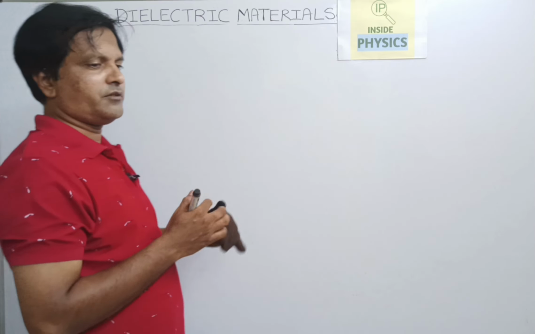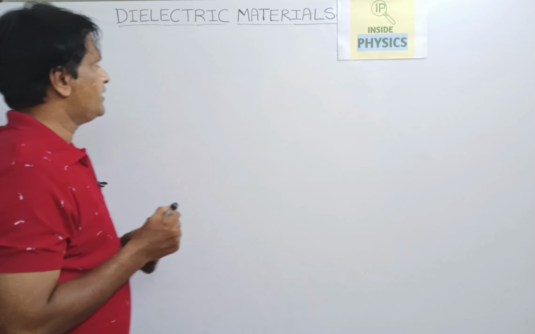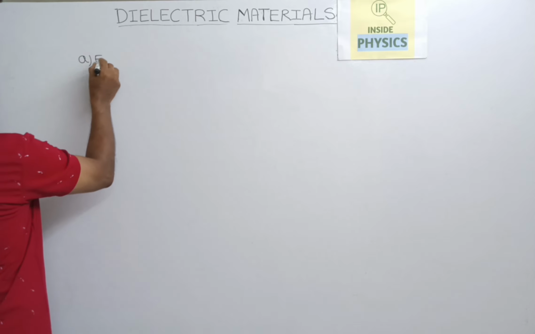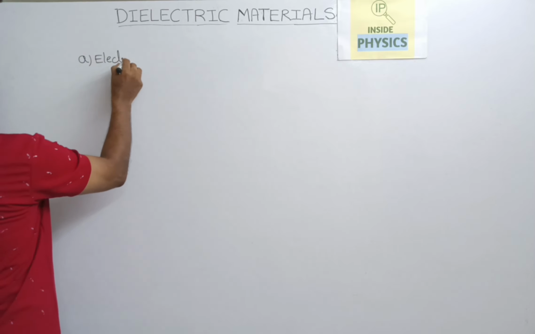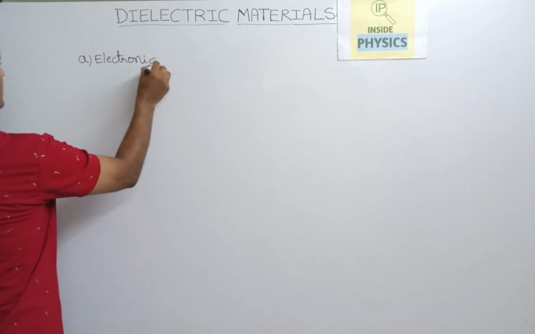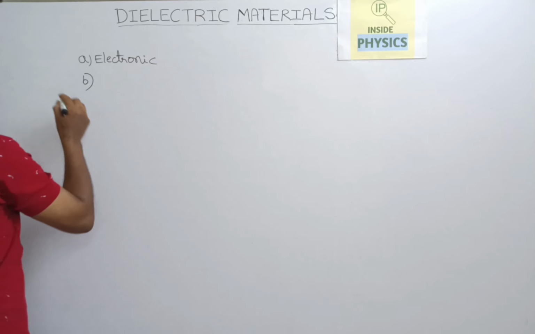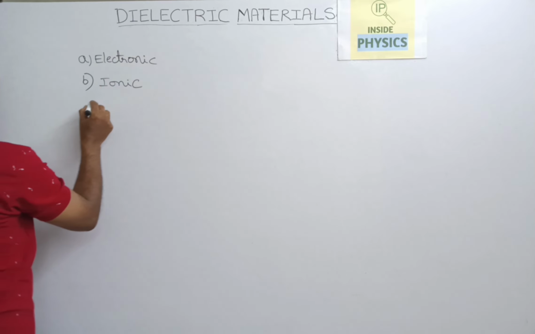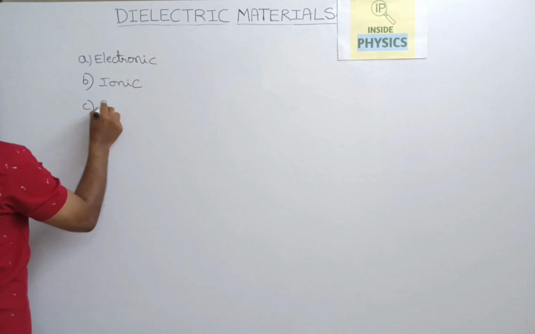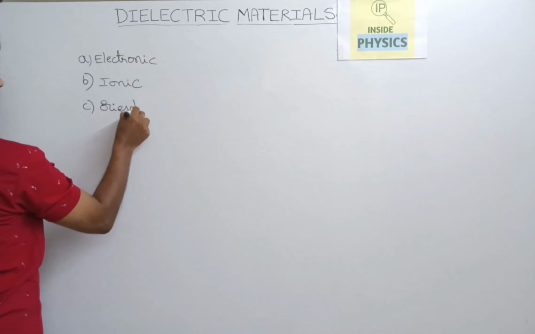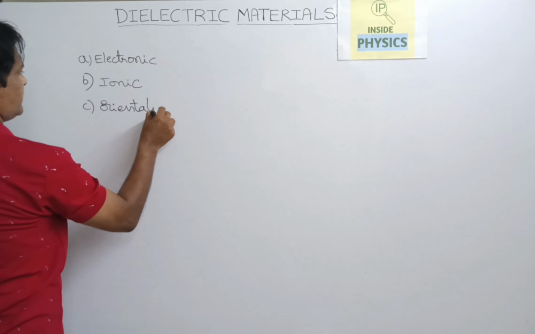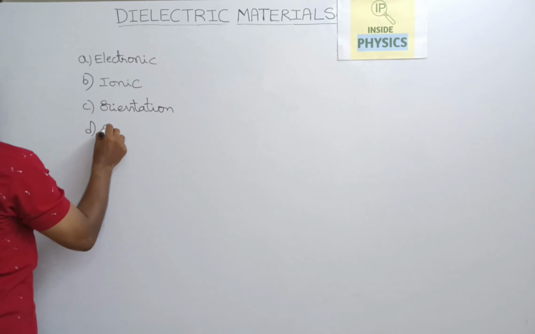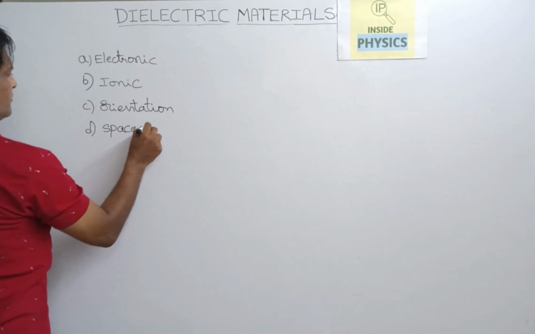There are four types of polarizations. One is electronic polarization, second one ionic polarization, third one orientation polarization, fourth one space charge polarization.